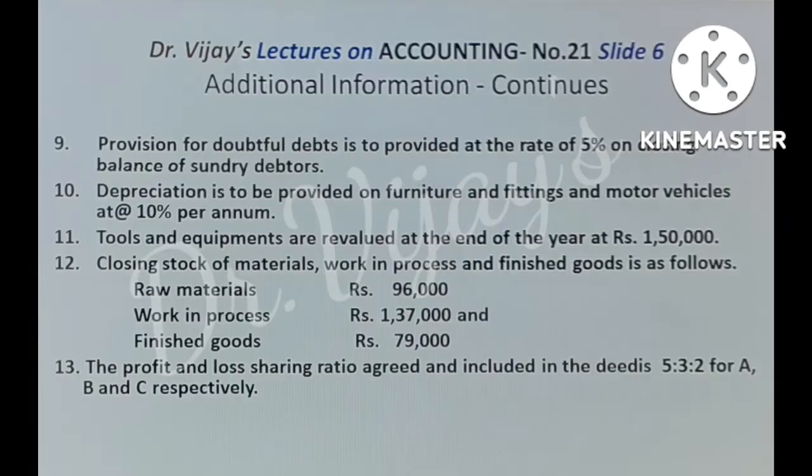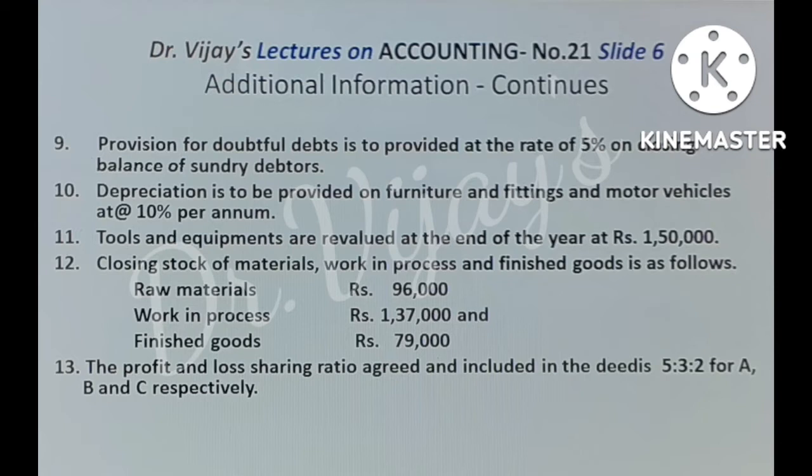Okay. In slide 6, additional information number 9. Provision for doubtful debts is to be provided at a rate of 5% on the closing balance of sundry debtors. But out of the closing balance of debtors, the 12,000 rupees due from Rajan Company should be subtracted for finding out the doubtful debts.